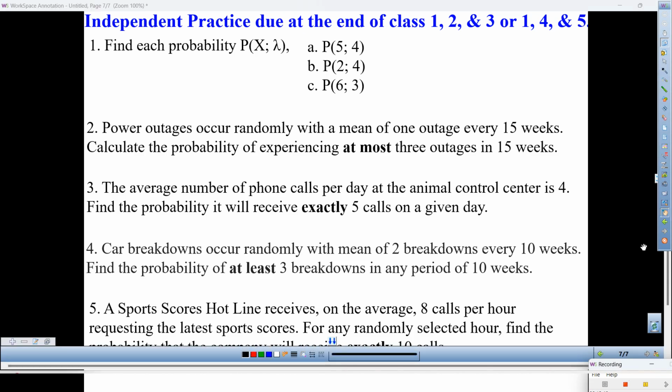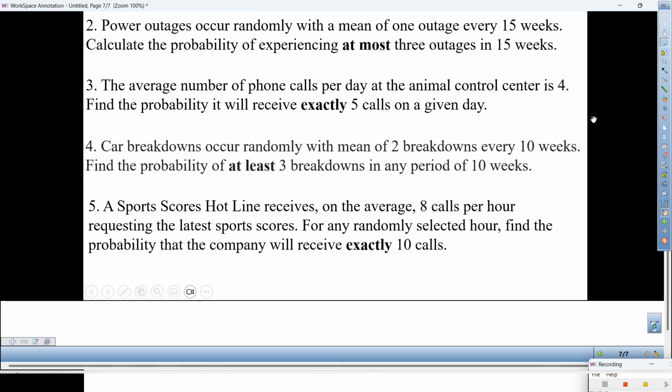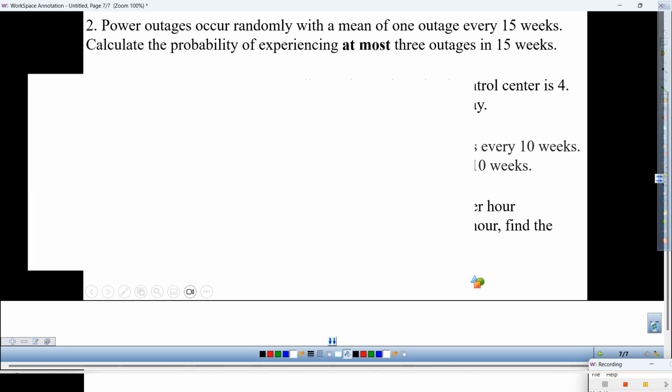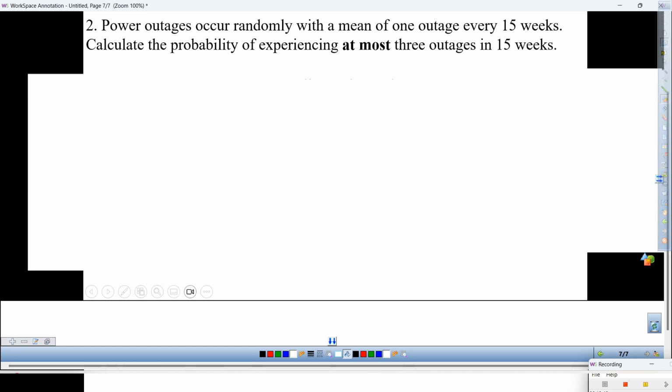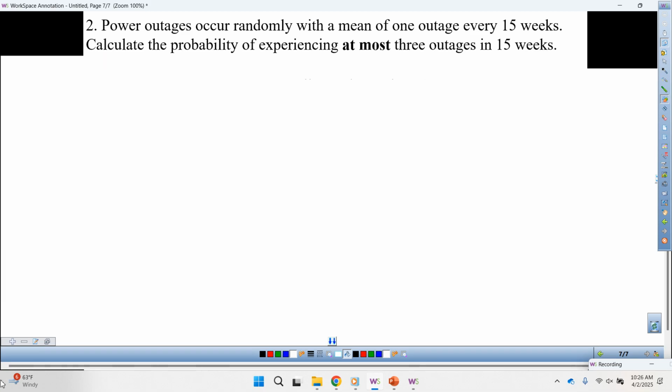Let me send that to your screen. Give me a second. Number 2, copy the entire problem so you can have one complete example in your notes.